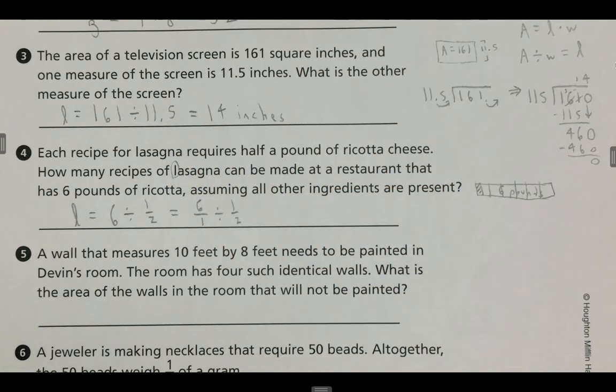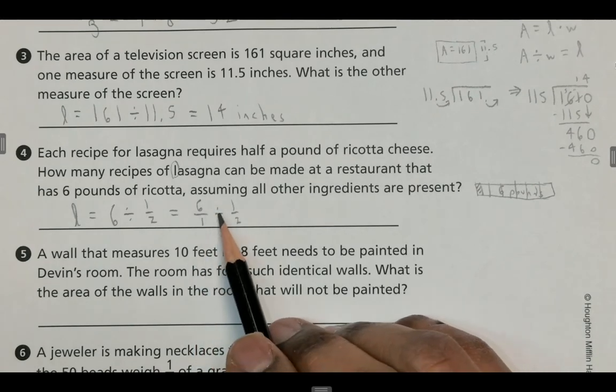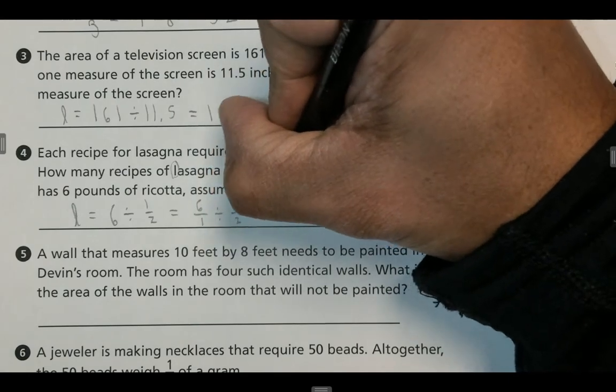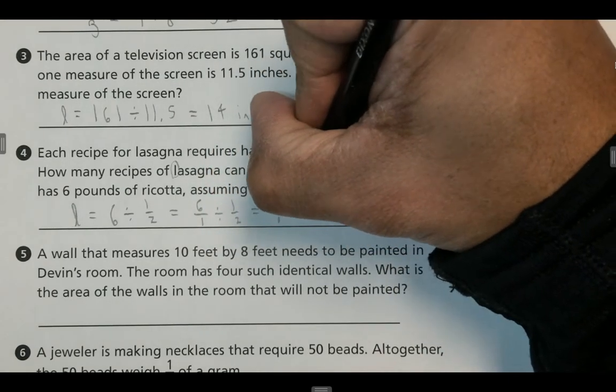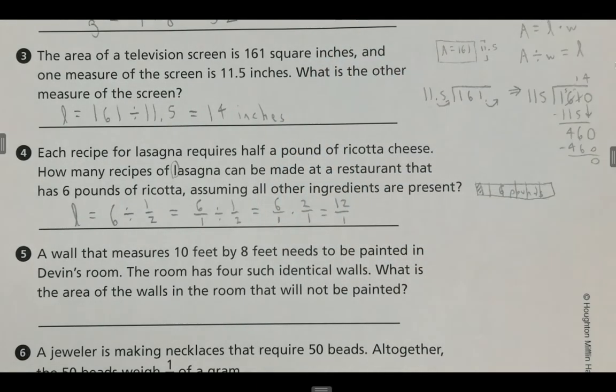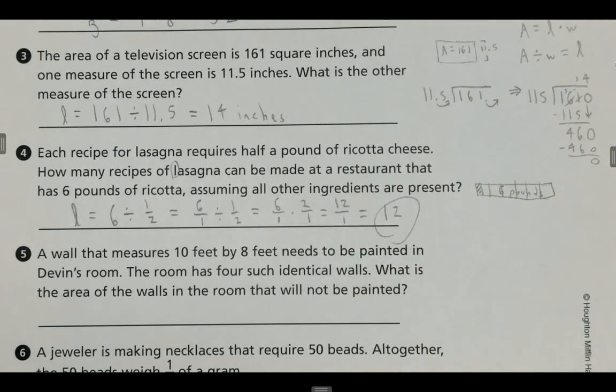Now, is this looking familiar? When I have a division expression using fractions, I leave what's on the left the same, I change the symbol to multiplication, and I flip what's on the right. And now I think you see where this is heading. I get 12 as my answer.